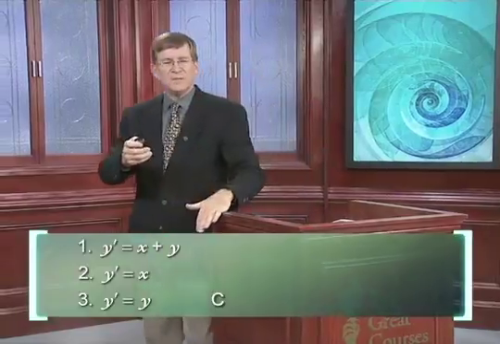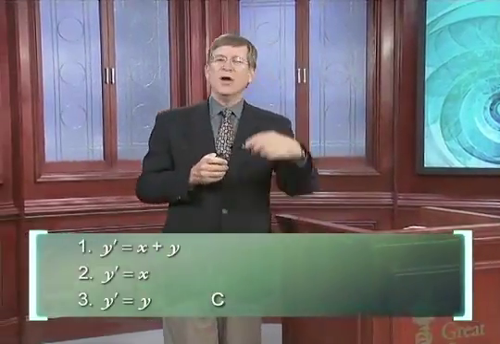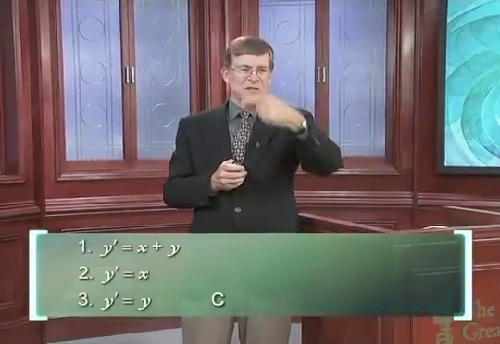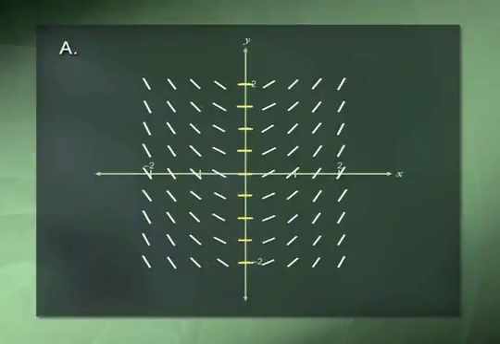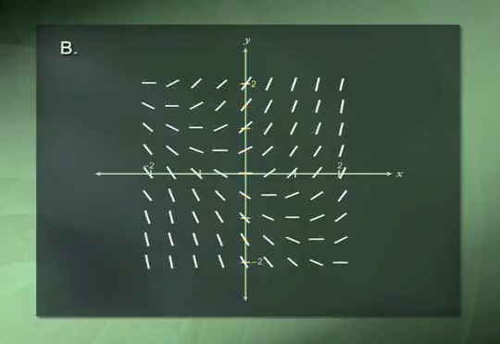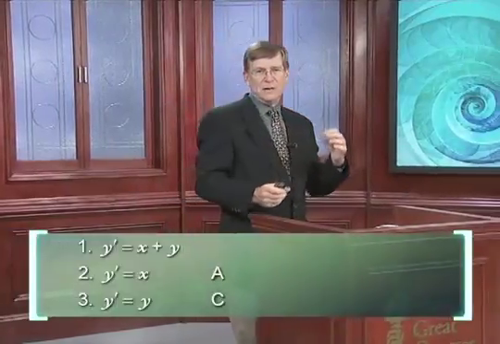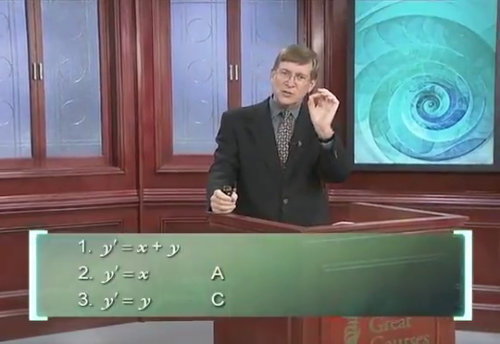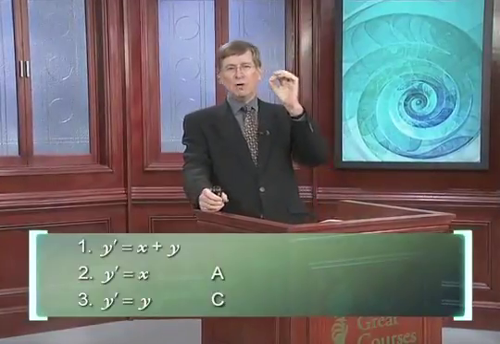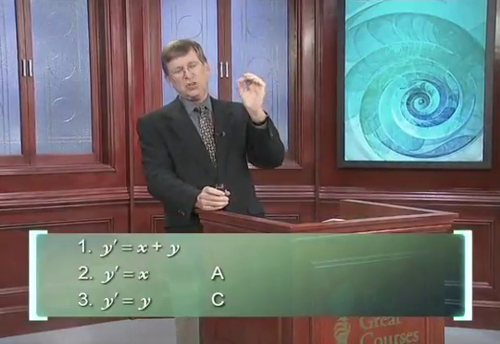Let's see if any of my slope fields have horizontal tick marks on the y-axis. Look at the first one. Yep, there they are. The tick marks down the y-axis are horizontal. The second one, they aren't horizontal, and the third one either. So we now match the second equation with the first slope field.